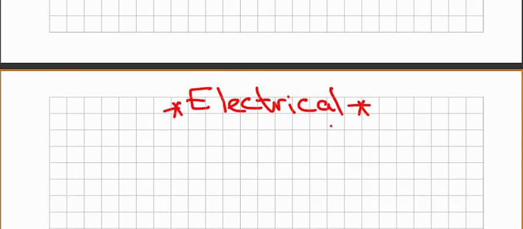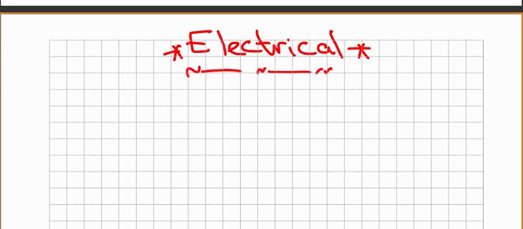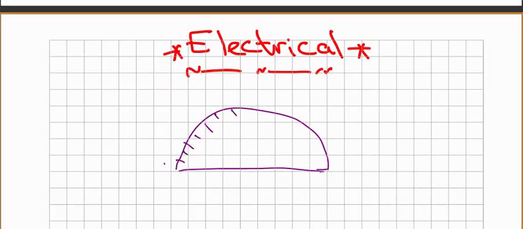The last type of experiment that you may have is electrical. In this one, you may either record a reading of an ammeter, or you have to plot a reading on a pointer that you have. Anyway, if this is how the scale looks, if this one is 0 and this one is 0.2, this means that this division here is only 0.1.